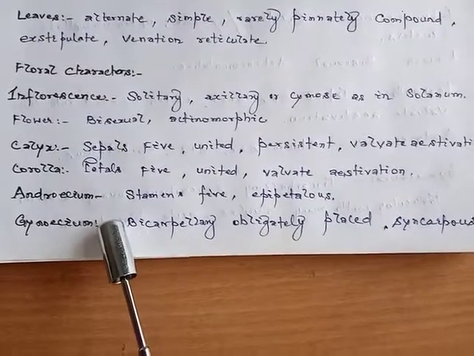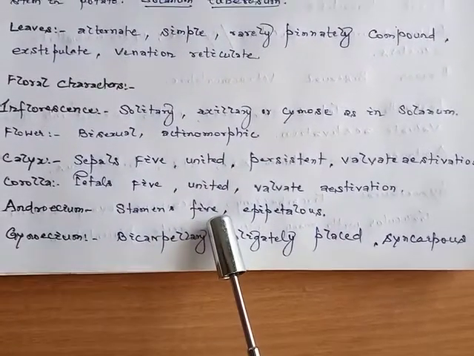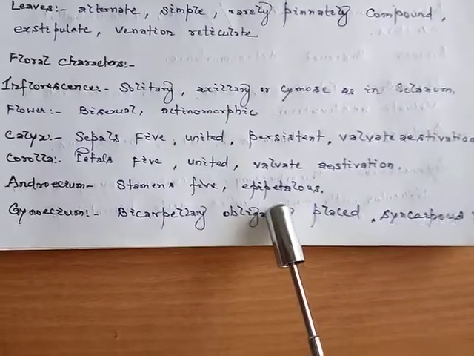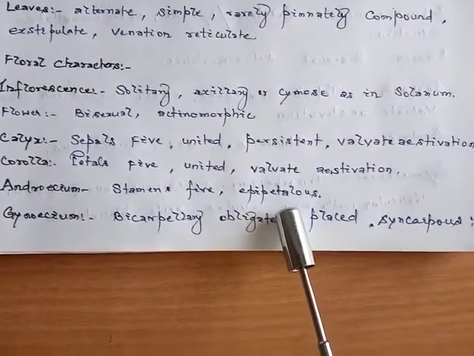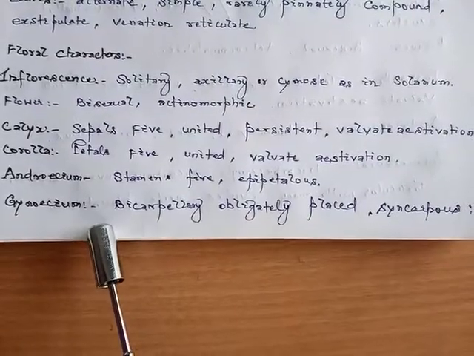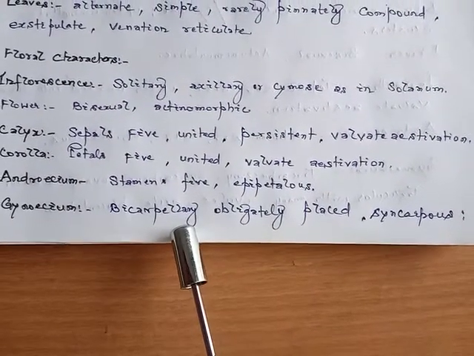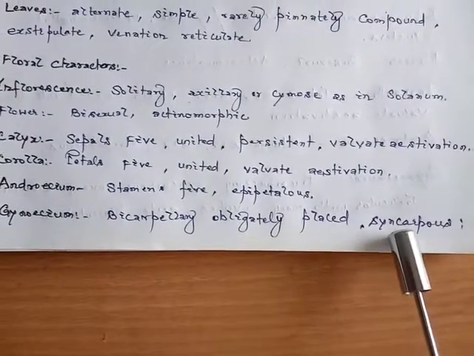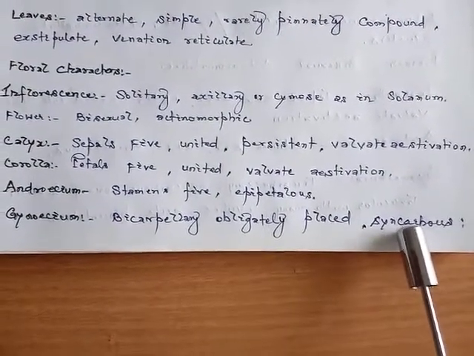Now the next is the androecium. The stamens are all 5 in number and epipetalous, meaning the stamens are attached to the petals. Gynoecium is bicarpellary, meaning 2 in number, obliquely placed, and syncarpous, meaning both carpels are fused.